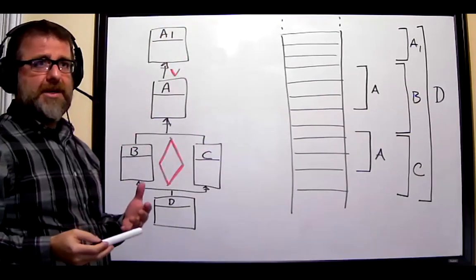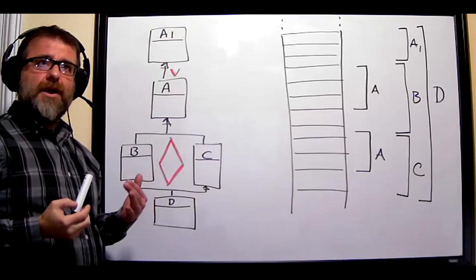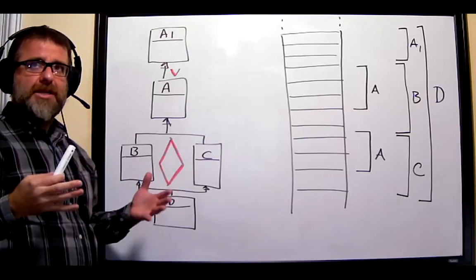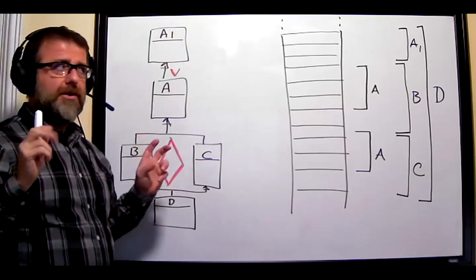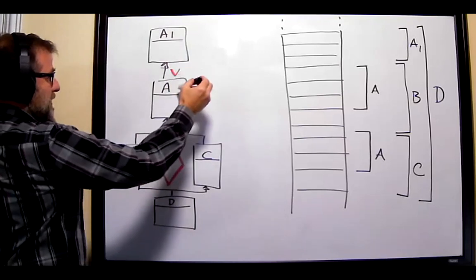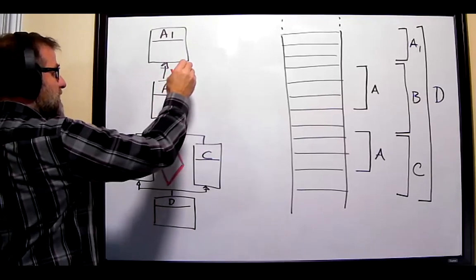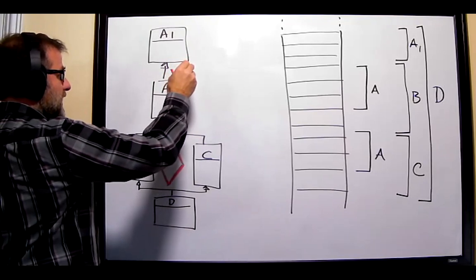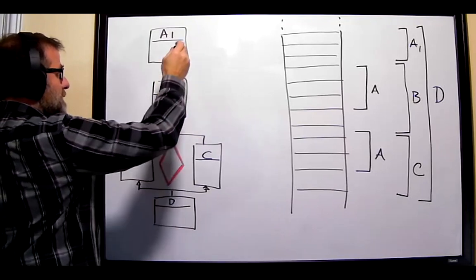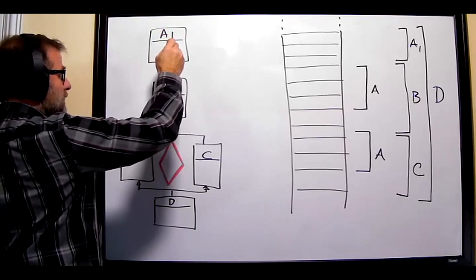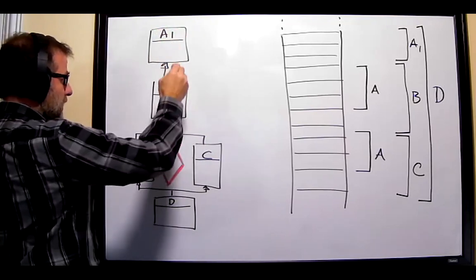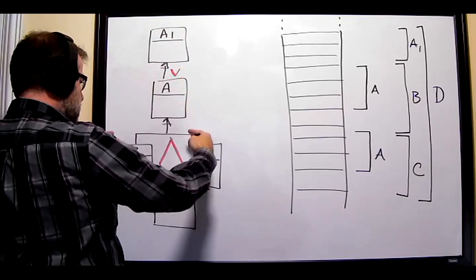Now the question becomes, to which object or part does this A1 belong? The answer is, as I said before, if you have an inheritance graph that uses this virtual inheritance down the line, then this common part belongs to the class that you encounter first as you go down the graph.